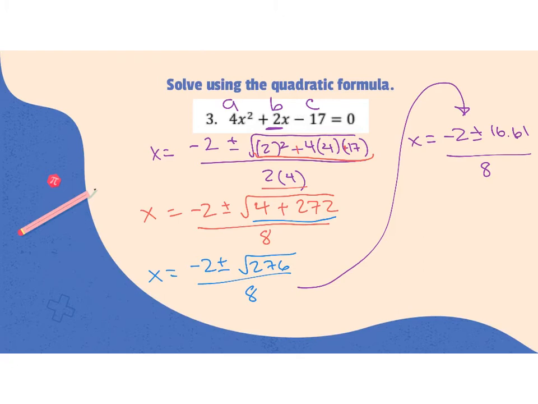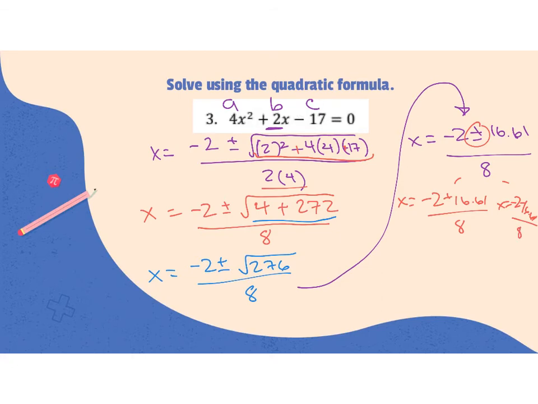And then I split them apart. So I'm going to take that plus or minus and split them up. So x equals negative 2 plus 16.61 divided by 8, and x equals, sorry, I'm running out of room here, negative 2 minus 16.61 divided by 8.